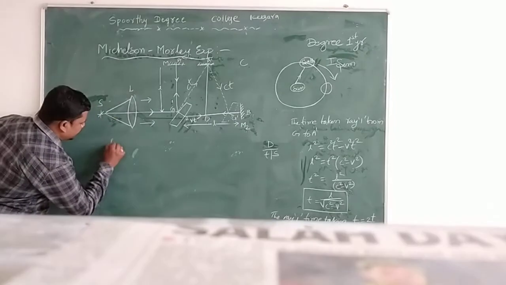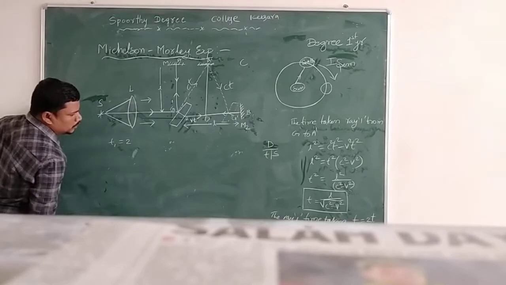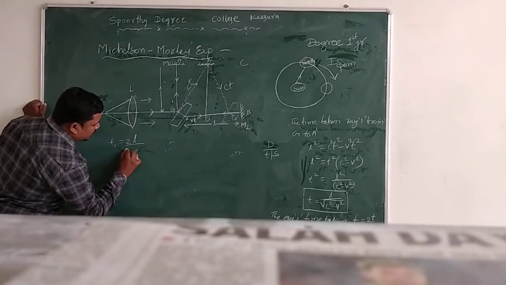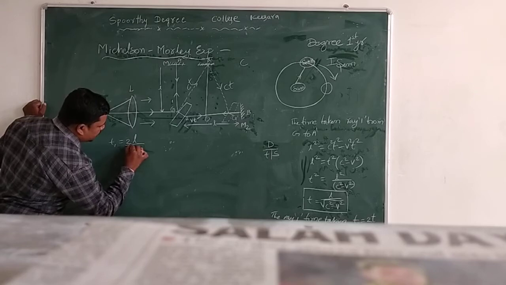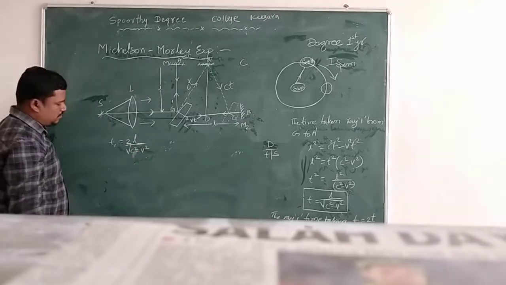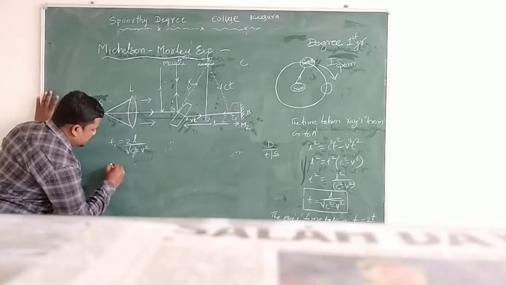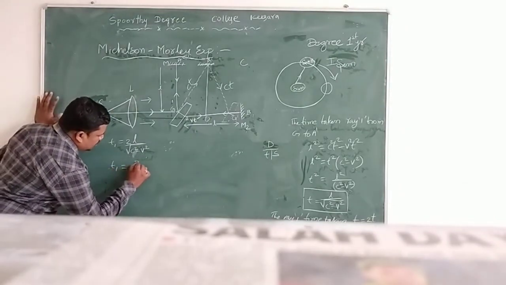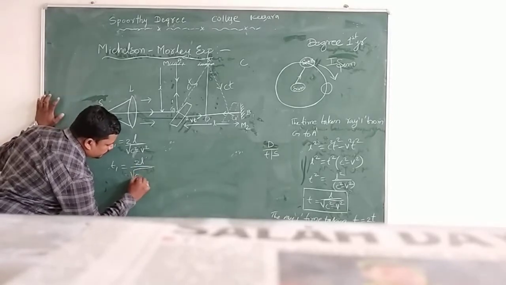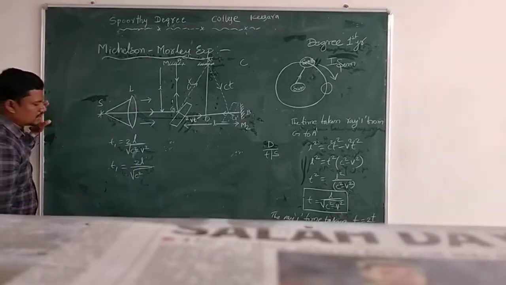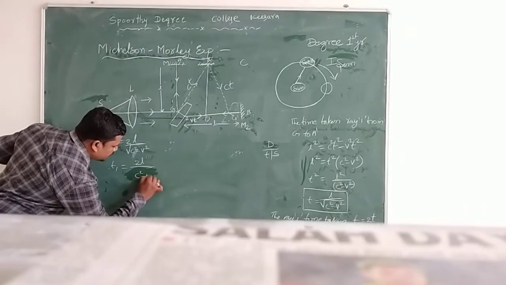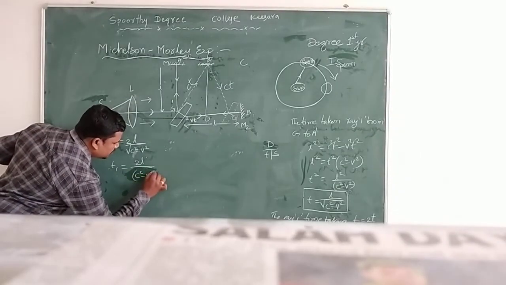Then T1 equal to 2 into T. T means L by under root of C square minus V square. Then take the common C square, or like this, C square minus V square power 1 by 2.